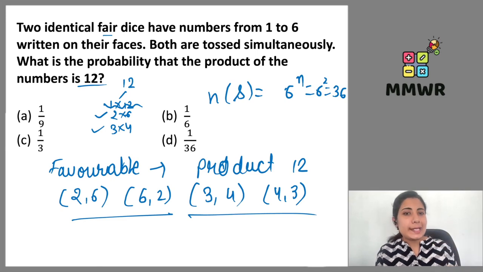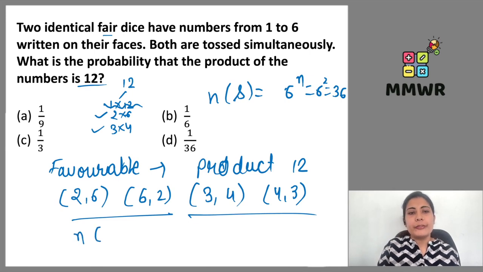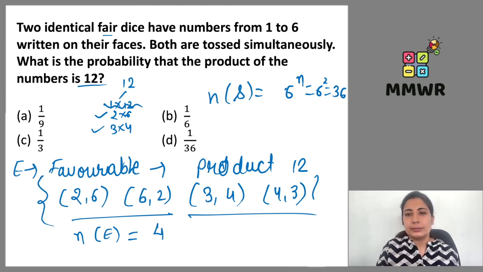So out of 36, 4 chances are there to get product 12. So this is the event for us. So number of favorable outcomes, or number of all those outcomes which give us the product 12, how many are there? Total 4 are there. Okay, 4 possible ways we have.